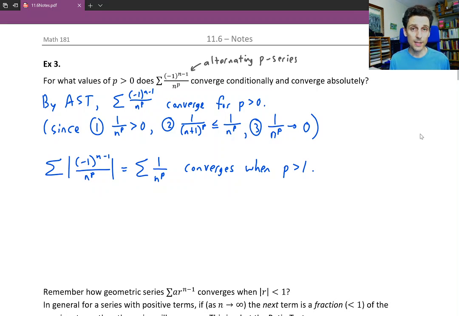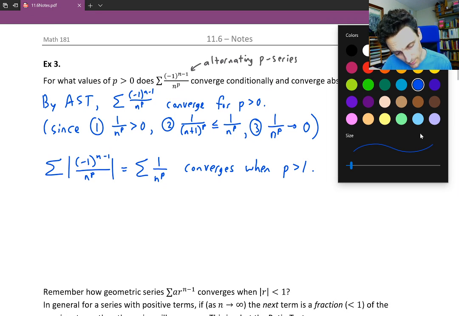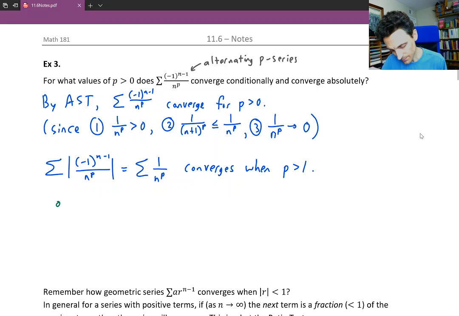It diverges when p is less than or equal to 1. So putting this together, that line right there would say that the alternating p series converges absolutely, with the absolute value bars, when p is greater than 1, and otherwise it's going to converge conditionally for all the other p values that are positive.